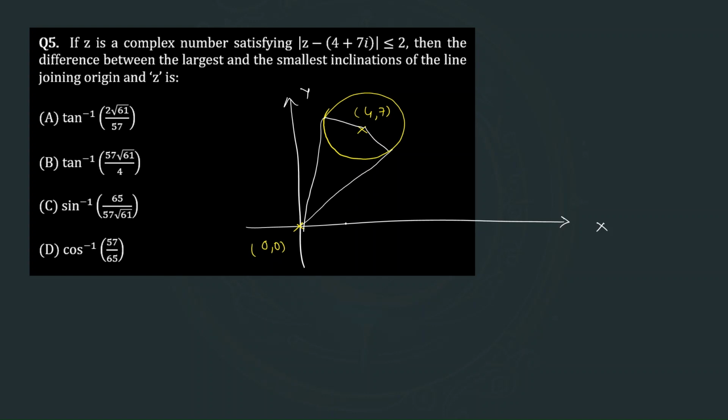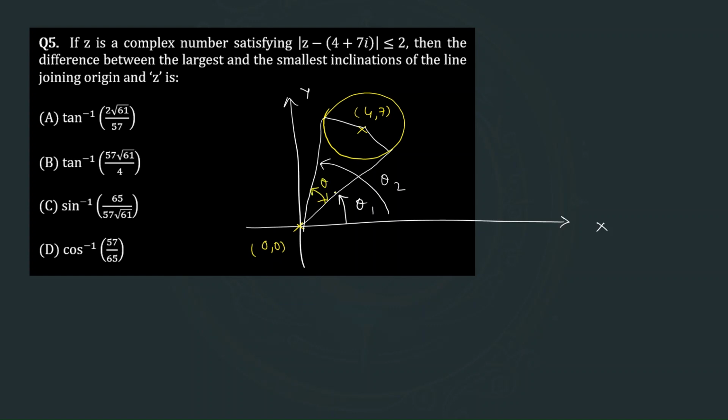So this will correspond to the minimum slope or minimum inclination. Let us say this as theta 1, and this will correspond to the maximum slope or maximum inclination, which is, let's say, theta 2. So we have to calculate the difference between them. So basically we have to calculate this angle.